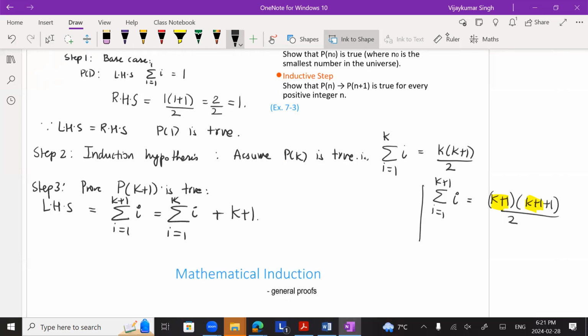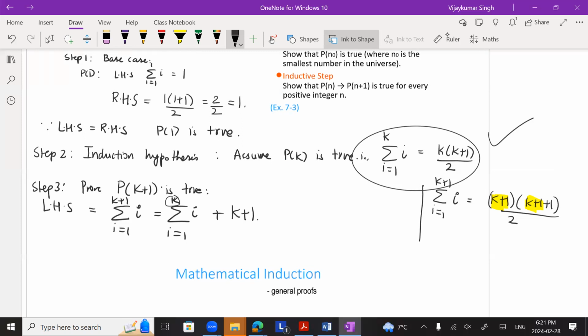The reason I'm stopping at k is that I'm going to leverage this formula, which is given to me as part of the induction hypothesis. Without using P(k), in most cases I won't be able to prove for P(k plus 1). So we need to use something from there.